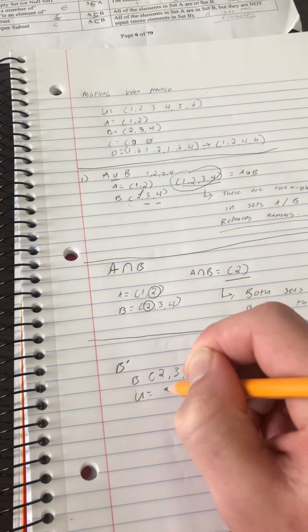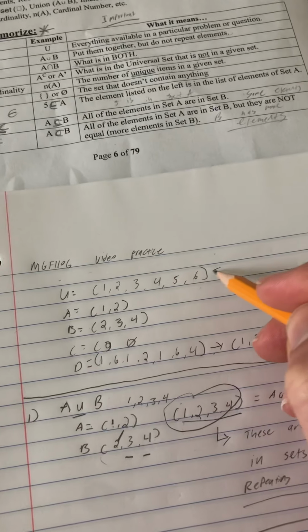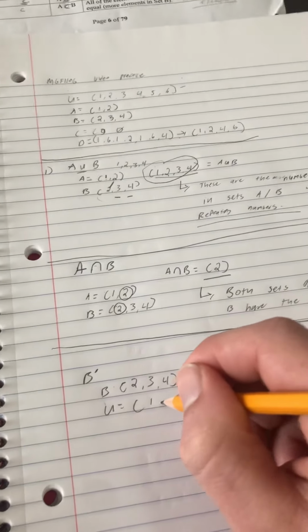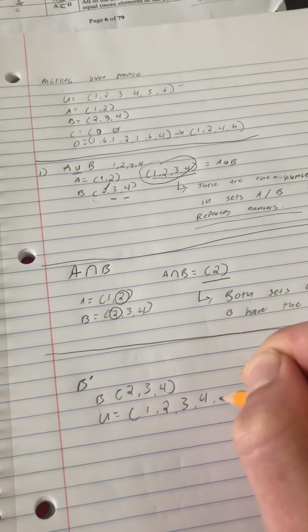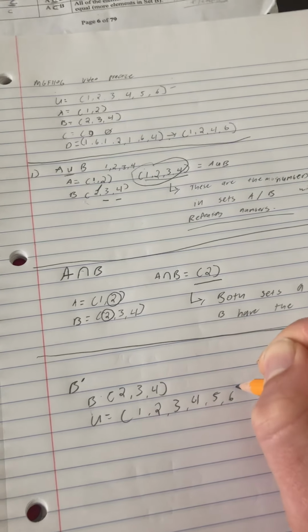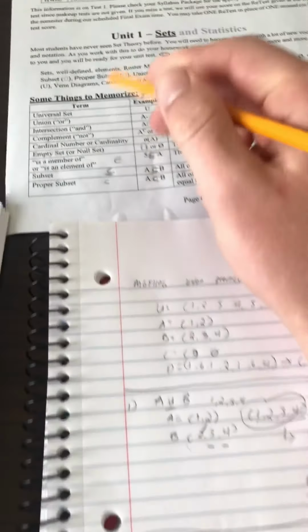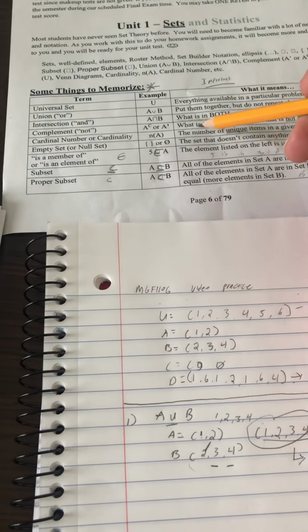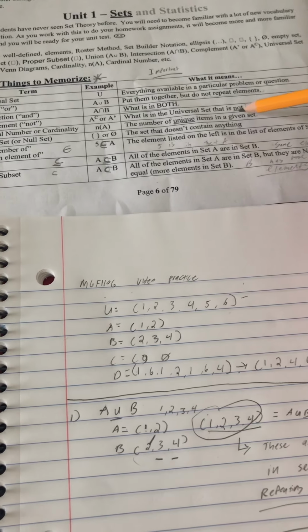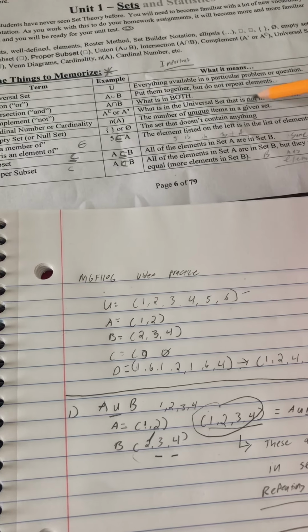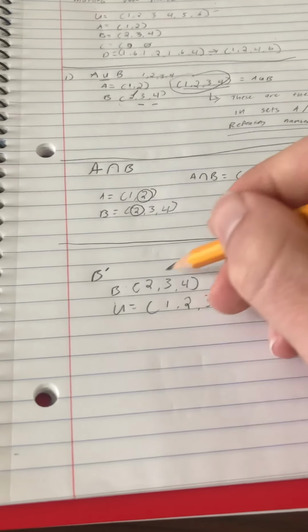So let's see what we have in our universal set. Going back to our construction right here, we can see that the universal set is 1, 2, 3, 4, 5, and 6. So we are looking for, in the complement, what is in the universal set that is not in the given set. So let's find out.